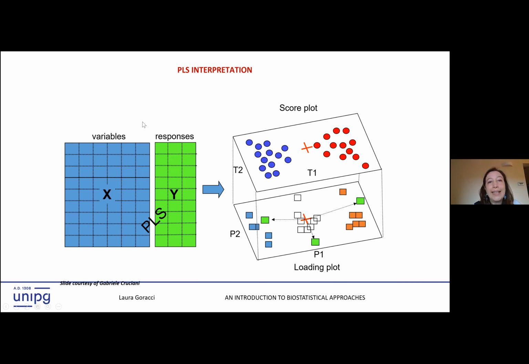But at the end of the day, the interpretation is pretty similar. You have additional information to look for. Indeed, you can again have your score plot, your loading plot, you have weight plots, you have several plots in here, but in the loading plot, you will find also localized your Y. Here we have the first Y, second Y, and third Y. And so from here, you will notice that one of your response variables is not important for the separation you were looking for, but the other two variables are nicely correlated with what you are searching.